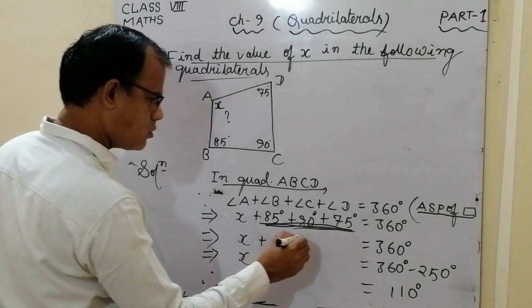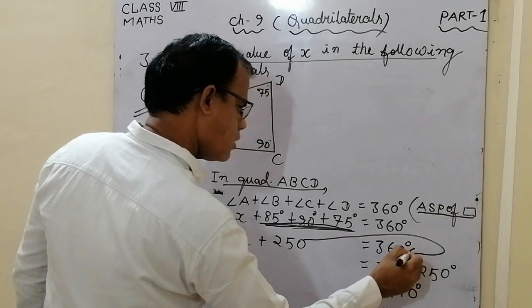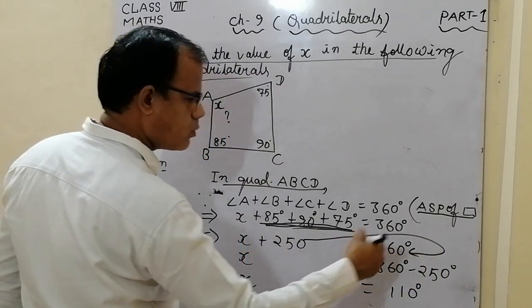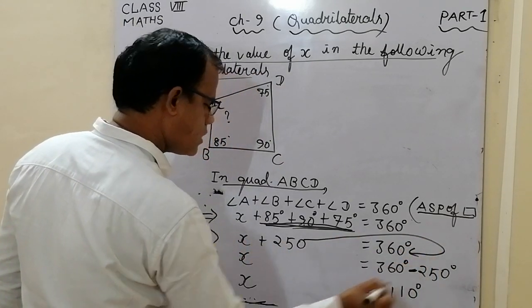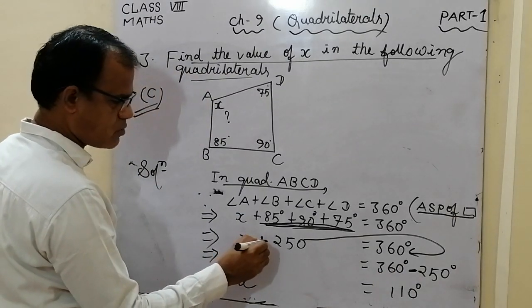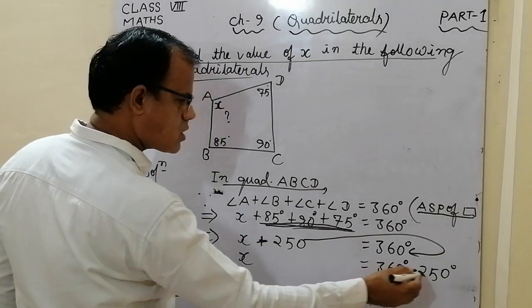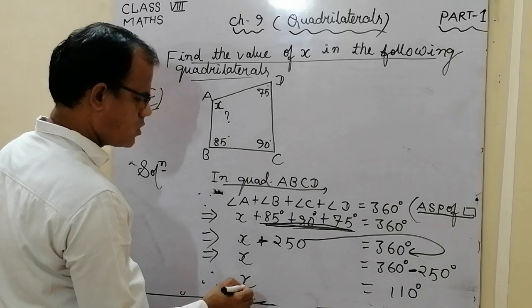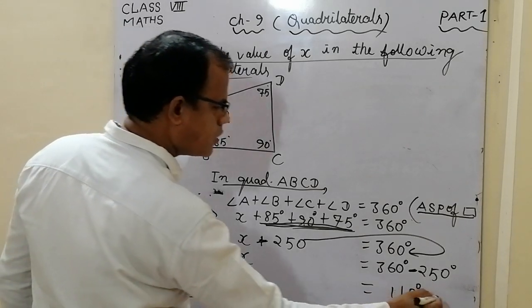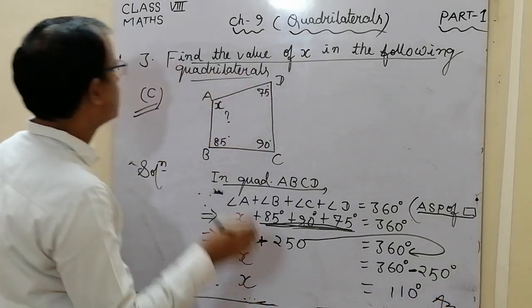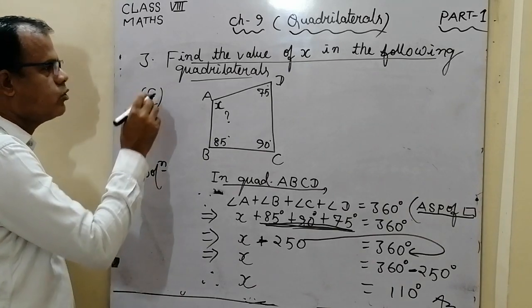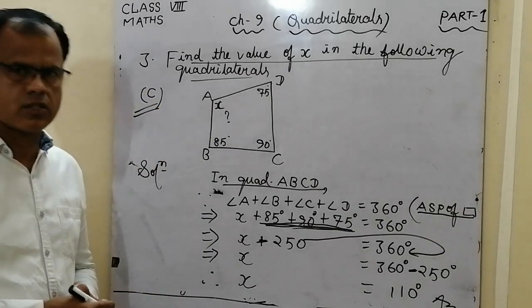So x equals 360 minus 250 degrees, because moving 250 to this side it becomes a negative sign, as here there is a positive sign. So x equals 110 degrees is the final answer. Remaining parts A and B you have to solve in class practice.